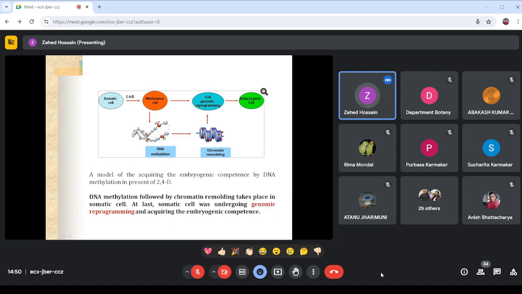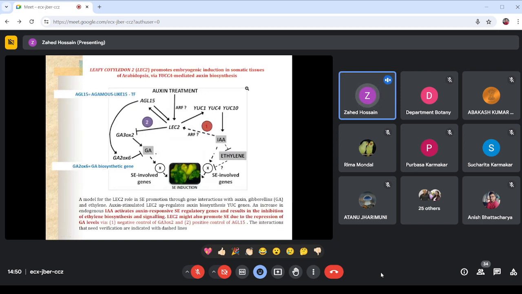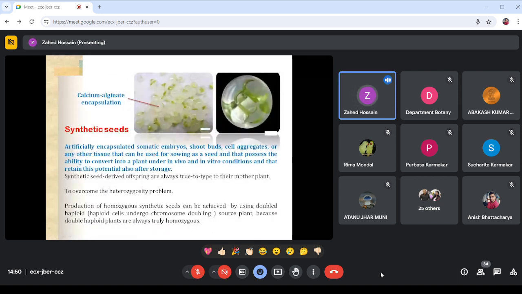Then the somatic embryo can be produced. There is also a school of thought that Leafy Cotyledon 2, a transcription factor, induces auxin synthesis, which leads to the formation of the somatic embryo. So these are the different molecular pathways of somatic embryo induction.